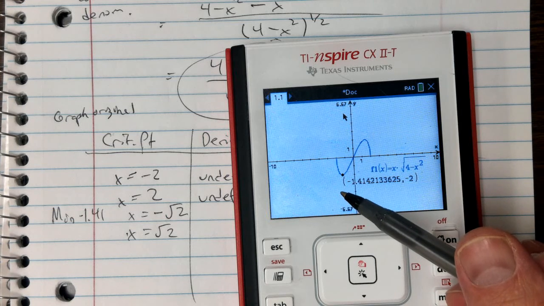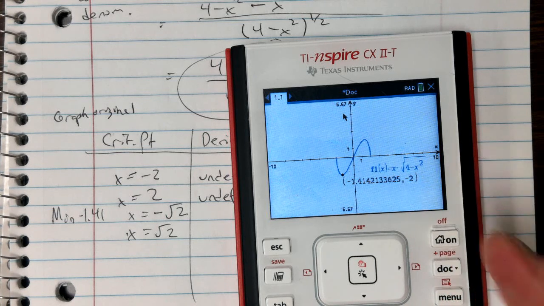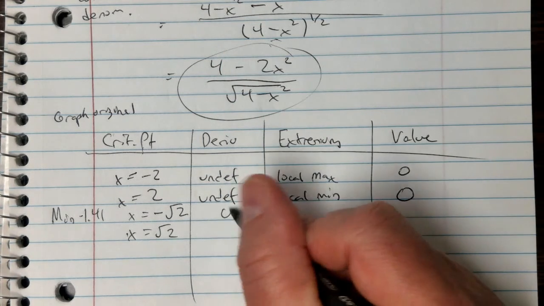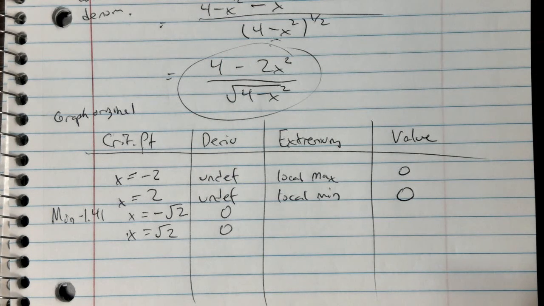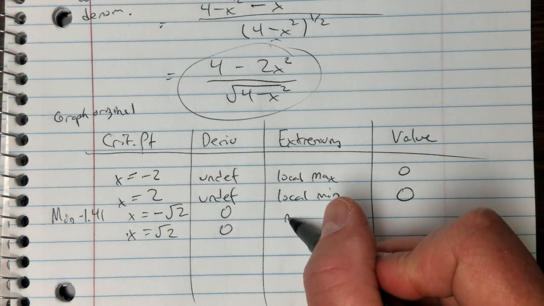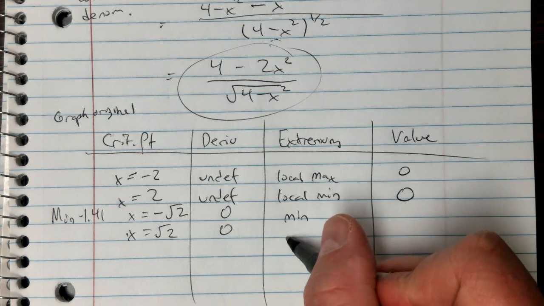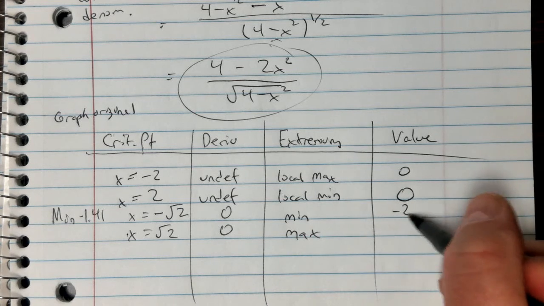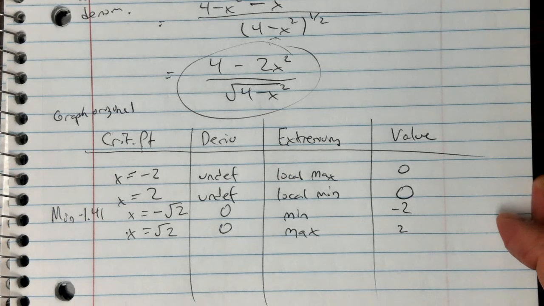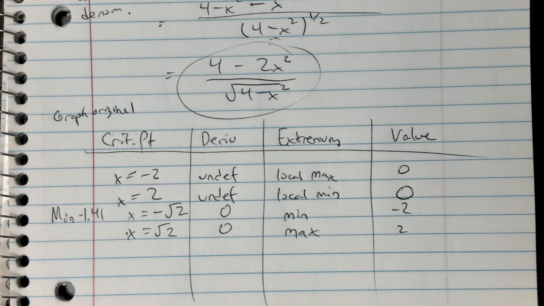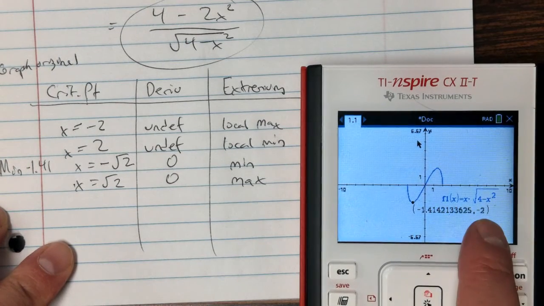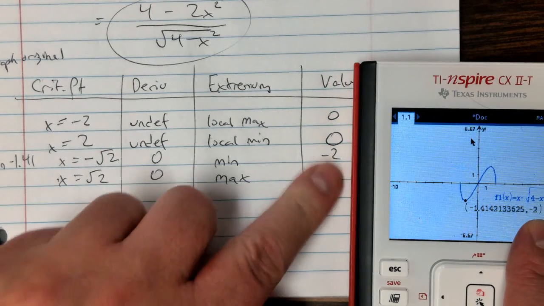It's not a weird cusp or anything, so the derivative would be 0. And this is a minimum, this is a maximum, and it's -2 and 2. And you can see that your y value is -2 from there.